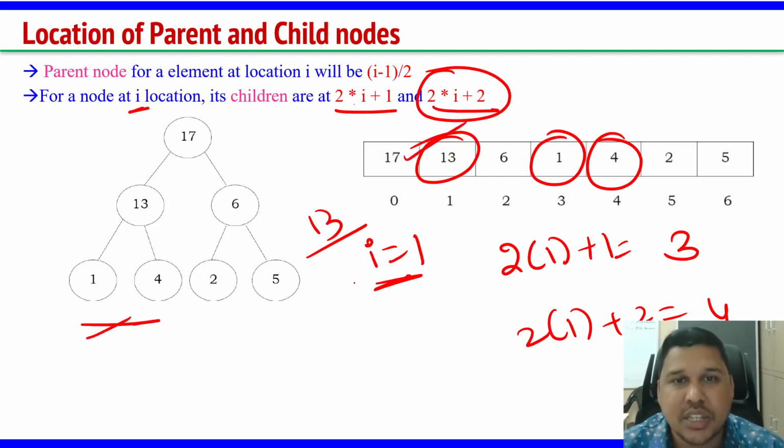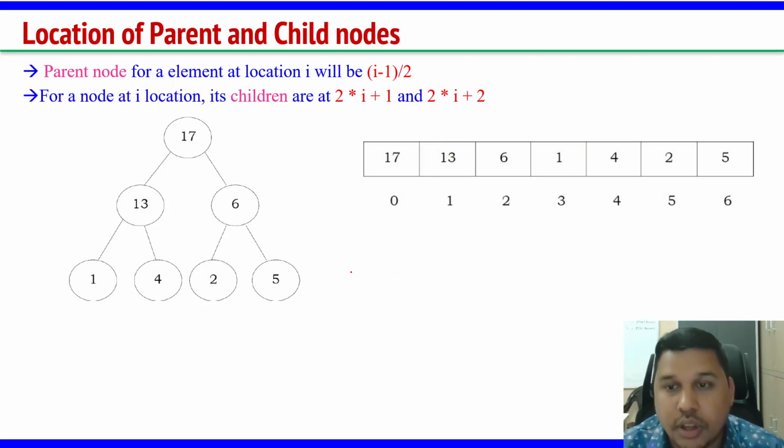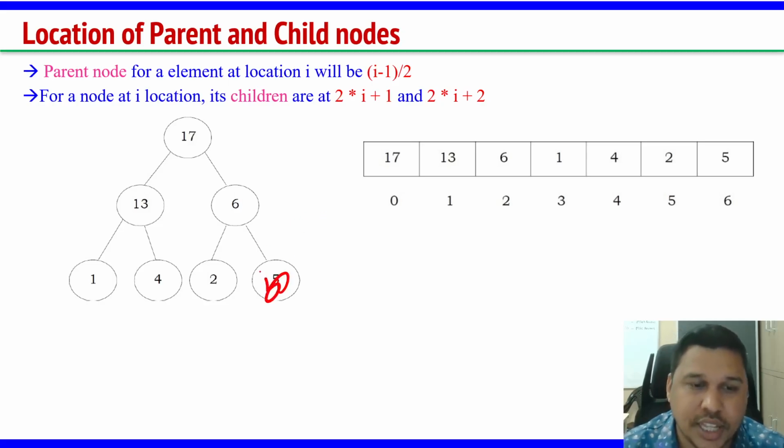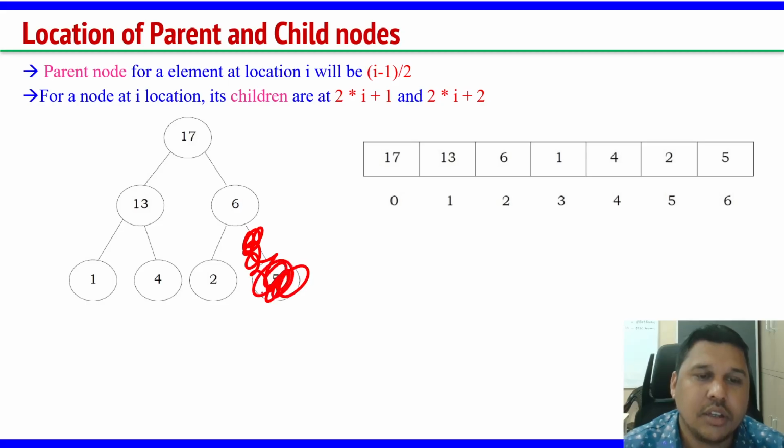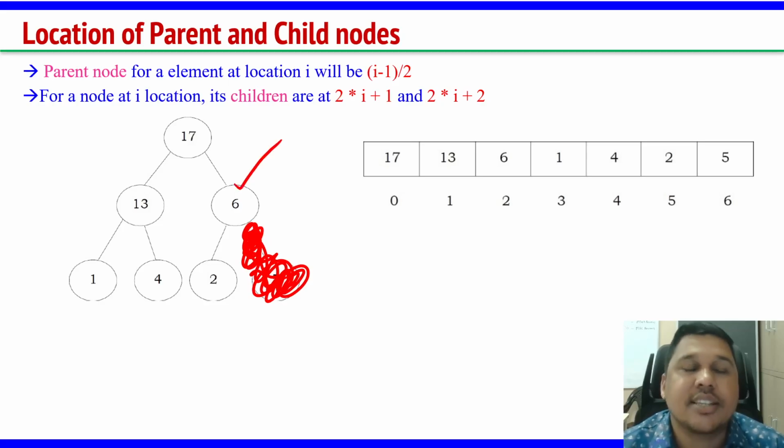Using this logic, we are going to play with binary heap trees. When you have an array structure and you are inserting a new element, where do you insert it? Assume this is not there. You want to add a right child for 6.